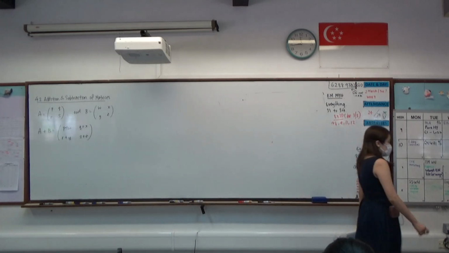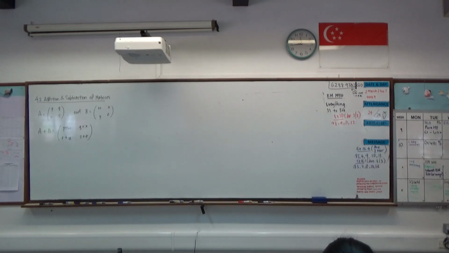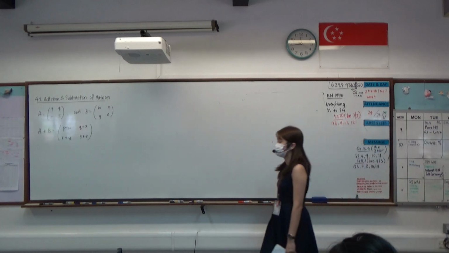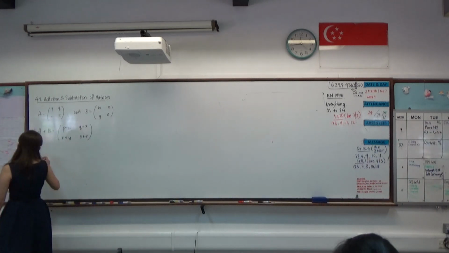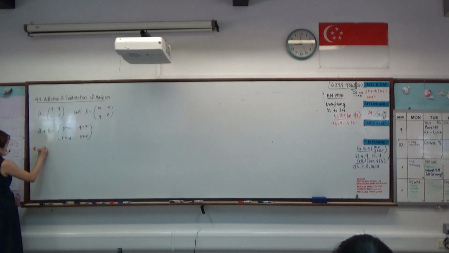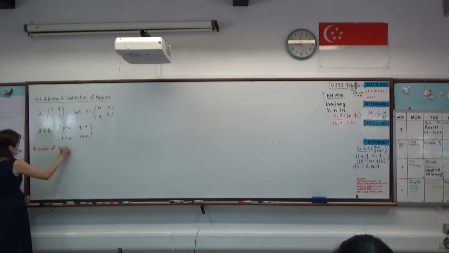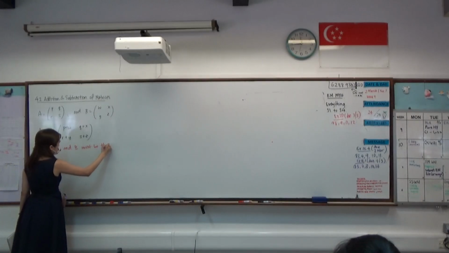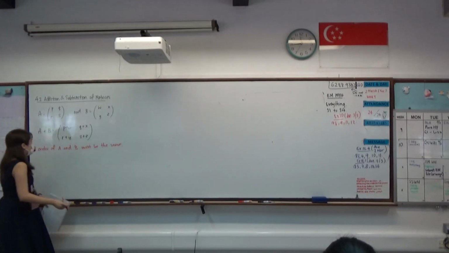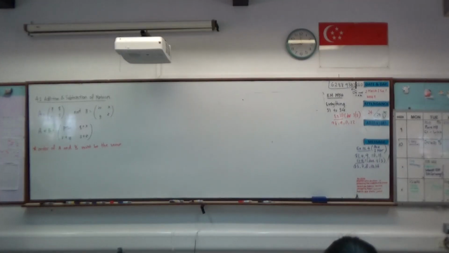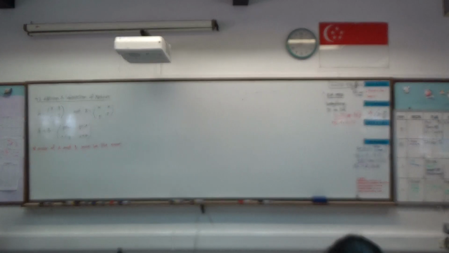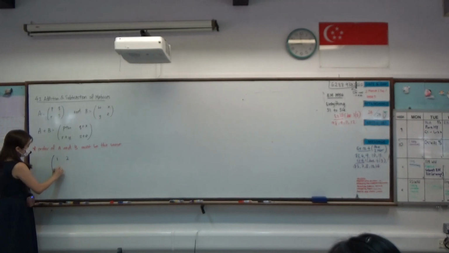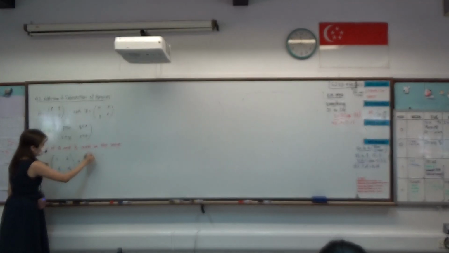However, this can only work if the order of the matrices are all the same. We must ensure that the order must be the same, otherwise we cannot add up. So I cannot have maybe 1, 2, 3, 4 to add up with 5, 6, 7, 8.